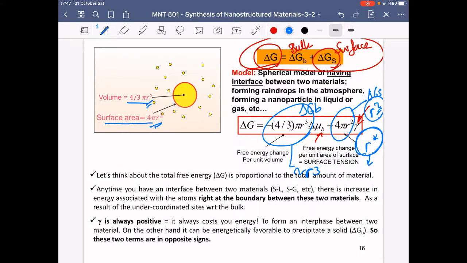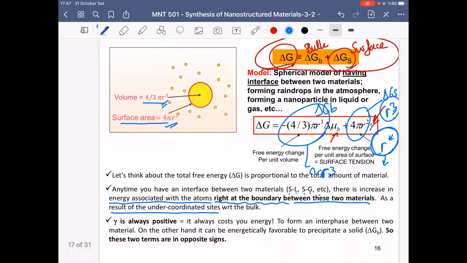Let's think about the total free energy being proportional to the total amount of material. Anytime you have an interface between two materials, okay, solid liquid, solid gas, etc., there is an increase in energy associated with the atoms right at the boundary between these two materials as a result of the under-coordinated sites with respect to the bulk.